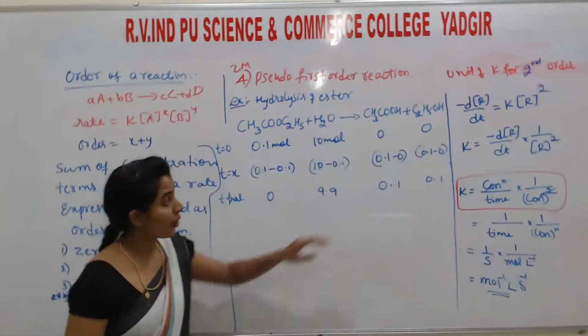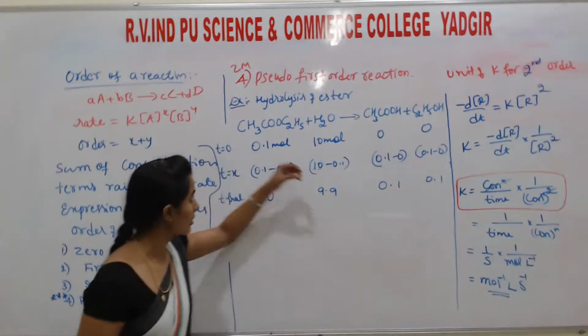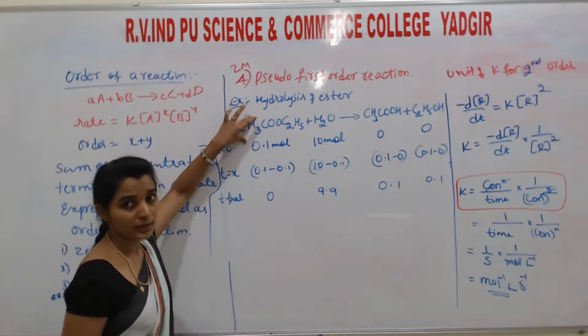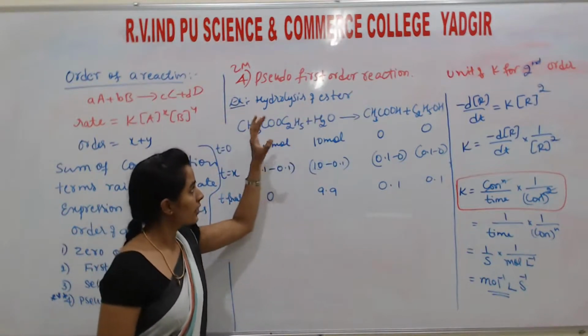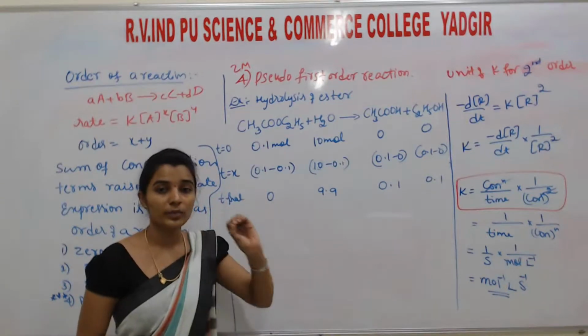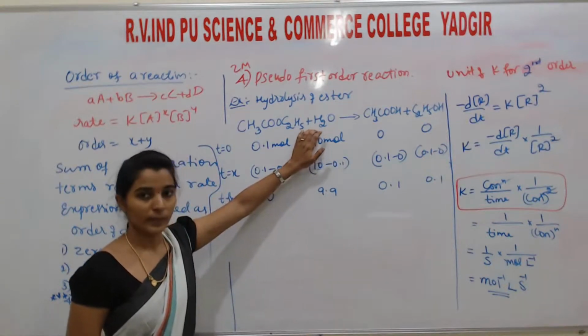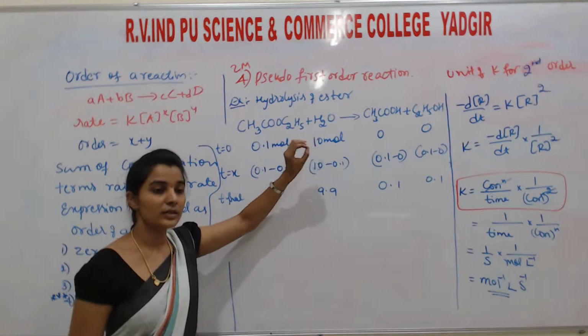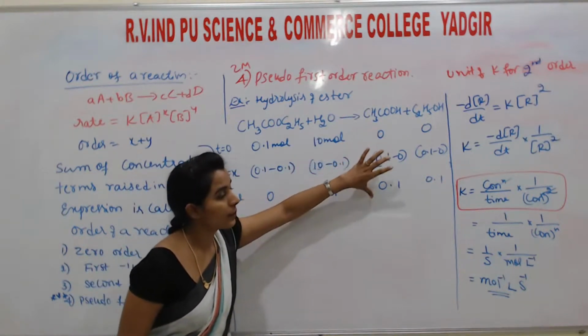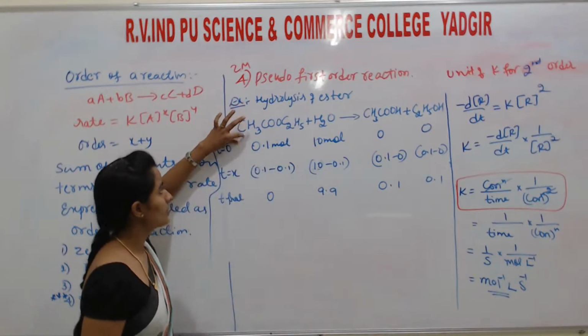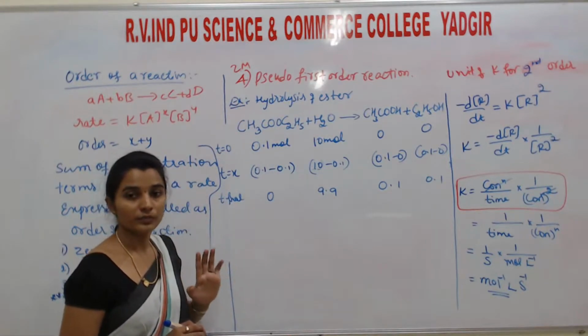So students, the product formation here depends on what? The number of moles of ester present, not the number of moles of water present. But this reaction can take place only in the presence of what? Water. This reaction takes place in the presence of water, but the product concentration depends on the concentration of this ester alone. Understand?